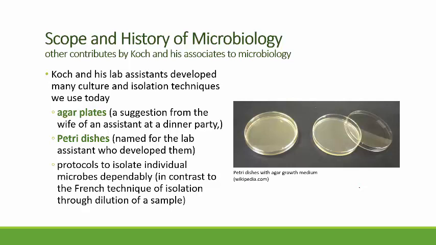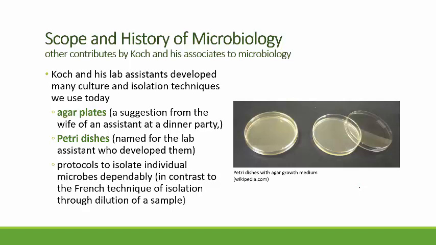The French, Pasteur and his colleagues, used a process of diluting and diluting, doing what are called serial dilutions of a sample, where you dilute a sample, take a little bit out of it, dilute it again, take a little bit out of it, dilute it again, hoping that at the end of these series of dilutions, you have only one individual bacterium in the culture medium.